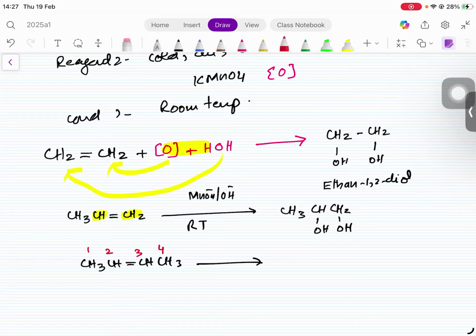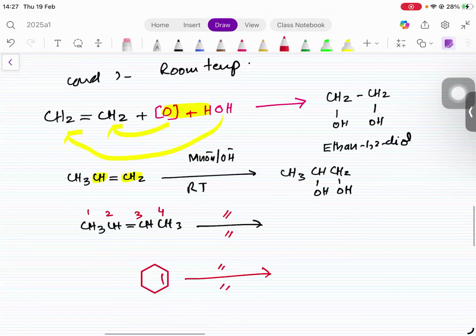Yes, butane 2,3-diol. Even if it's like this, and we react with KMnO4 at room temperature, what is the product? Hexane, with OH on carbons 2 and 3.